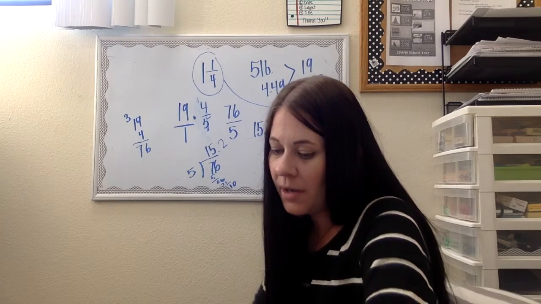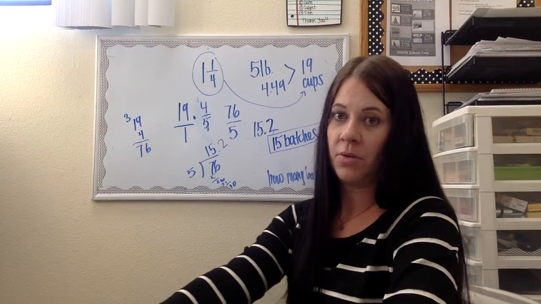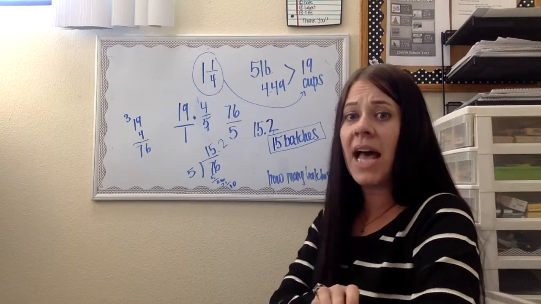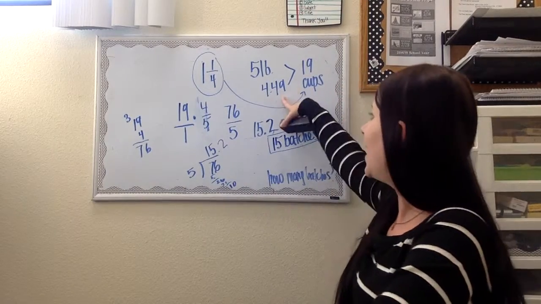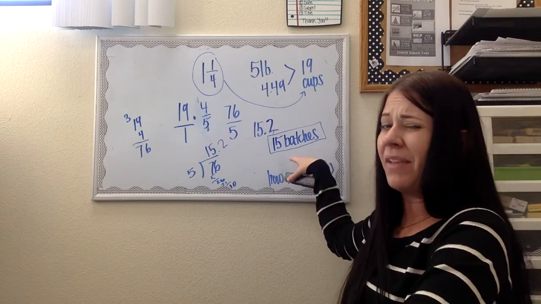But then I want to know about how much money per batch. This is the part that I want you to watch the unit rate video because it's really hard to decide if I'm doing 15 divided by the money or the money divided by 15. So I'm just going to tell you it's the money divided by 15.